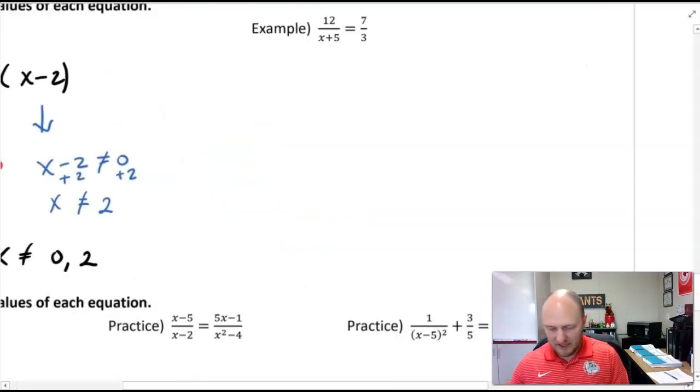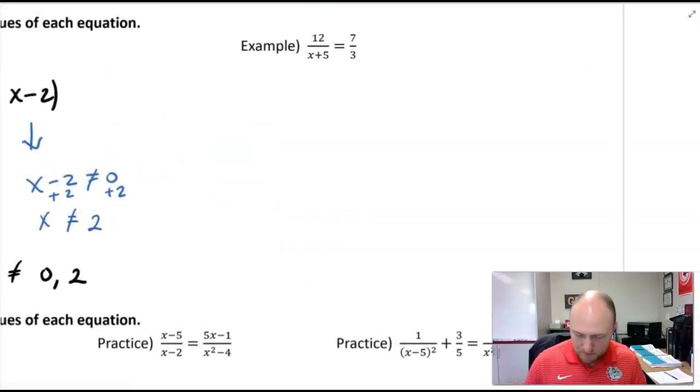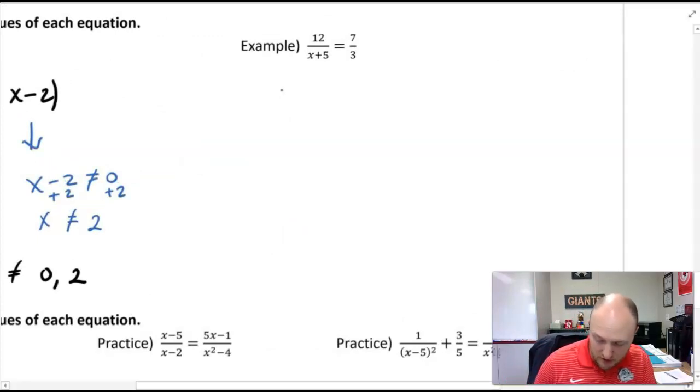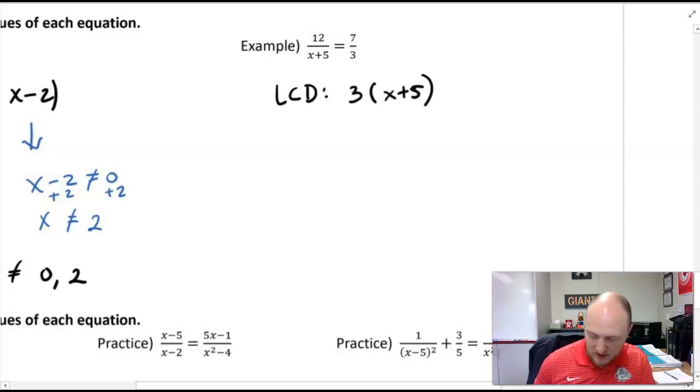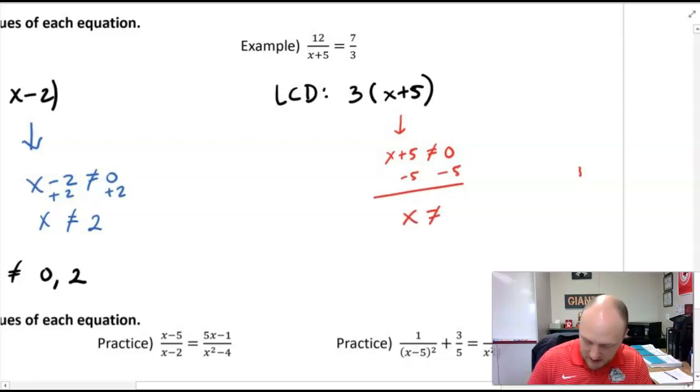All right, last example for you here. We have 12 over x plus 5 equals 7/3. So our lowest common denominator is going to be 3 times x plus 5. Well, here I only have one variable. X plus 5 cannot equal 0. So we'll subtract 5 on both sides. Minus 5, minus 5. We get x cannot equal -5.